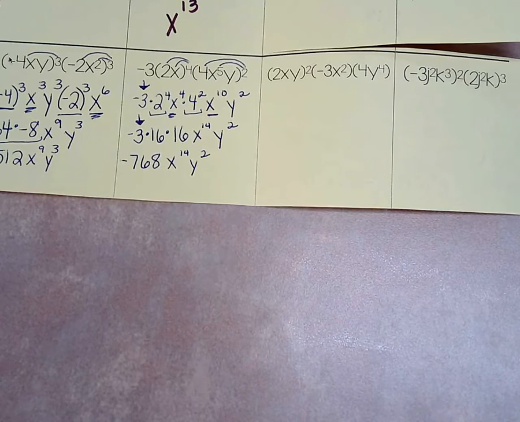There's no exponent on the outside, so you don't have to send it in. You just rewrite it.